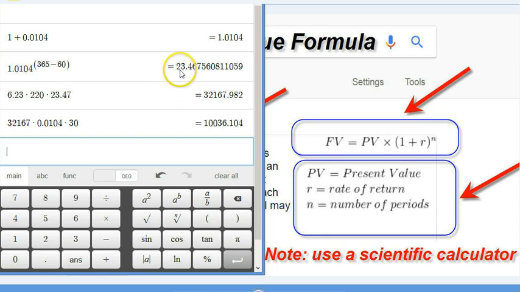Your multiplier then will be 23.46 right here. I call this part right here the multiplier. 1 plus r exponent n, that is the multiplier. So I'm going to explain to you what this is. You multiply 23.47 times 220 times 6.23, you will have 32,167.